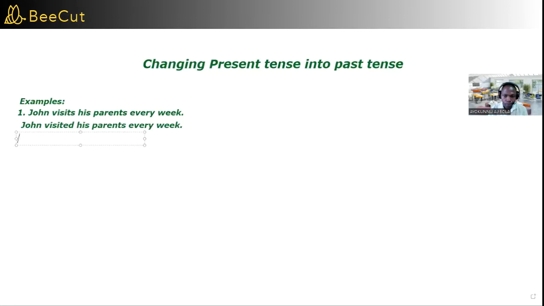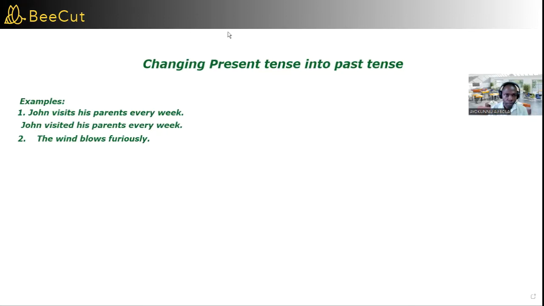And number two, another sentence: the wind blows furiously. You can unmute yourself and tell me what you think the past tense of this is going to be. What is going to be the past tense?